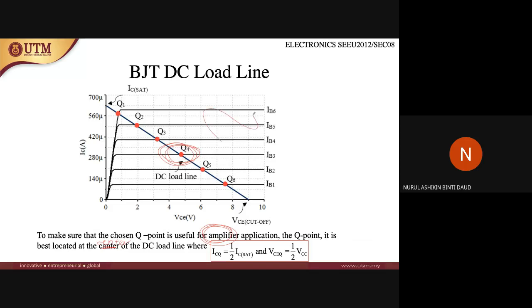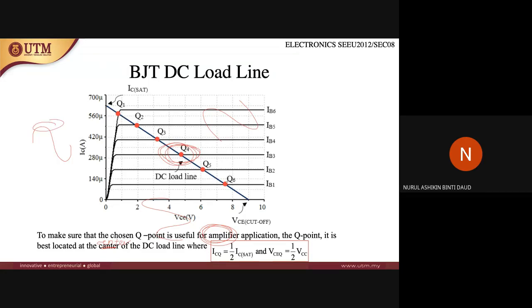The input signal will be transmitted and the output signal will be clear. But if you choose Q2, at the saturated region, it will distort.